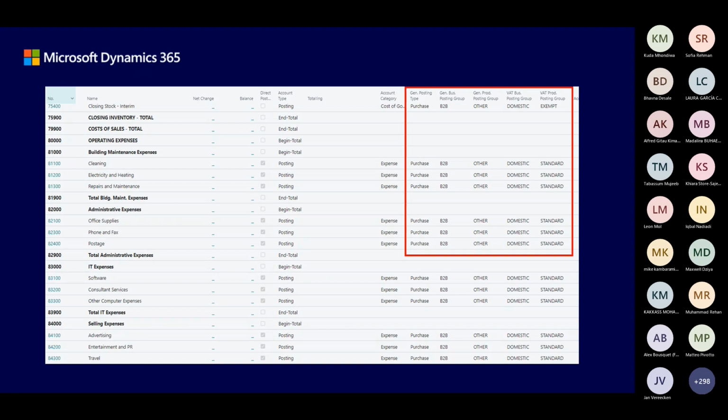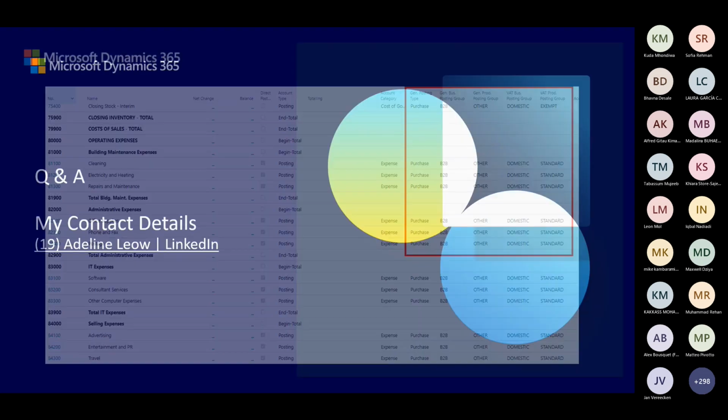Never have them half-baked. If you're going to use journals, make sure it's all or nothing. Don't worry because they're default settings and you can change them in the journals themselves. These will determine your VAT calculation for your journal.